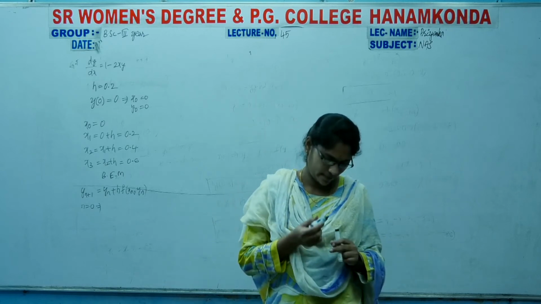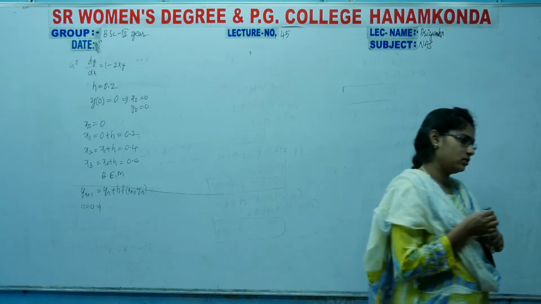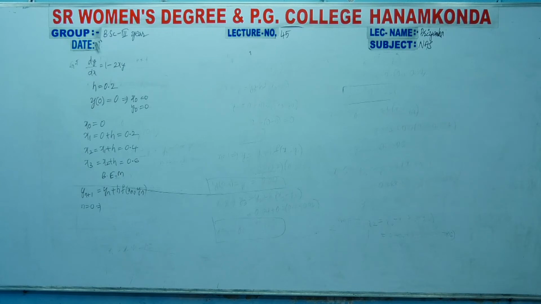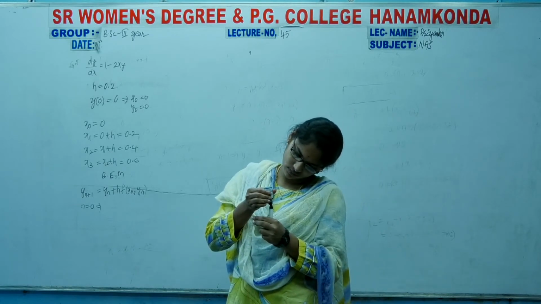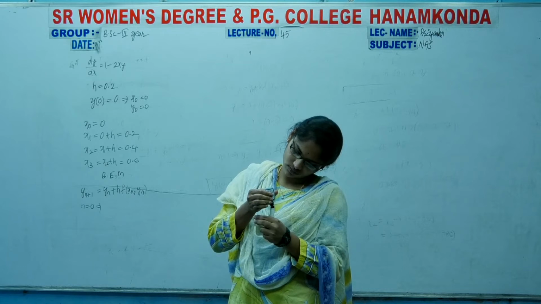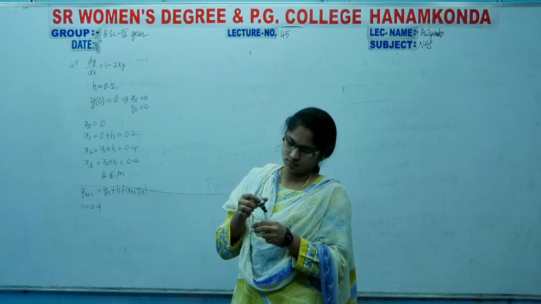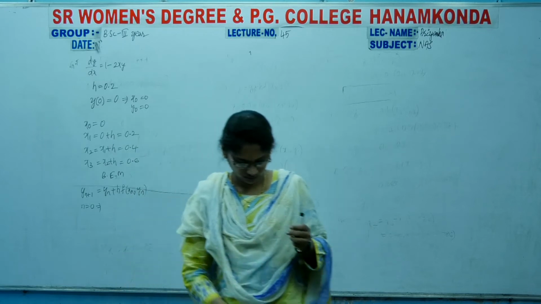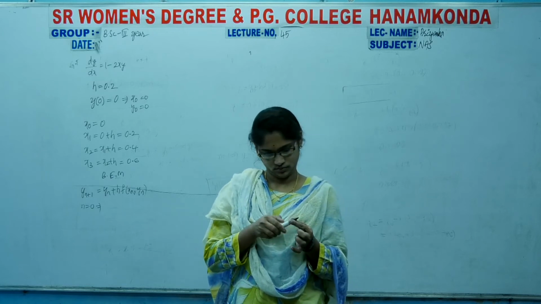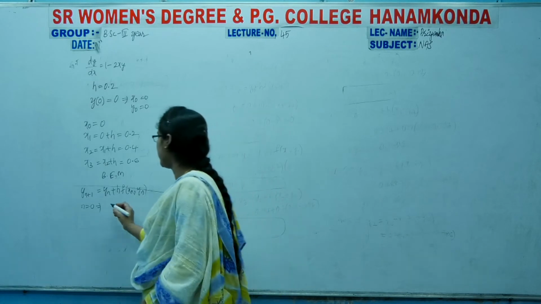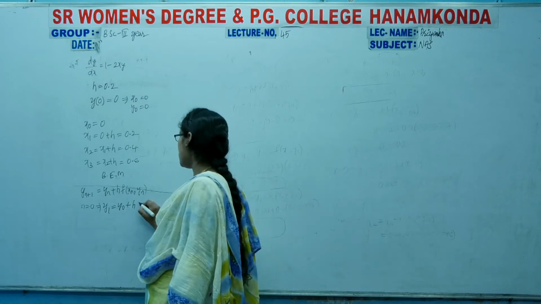So for n equal to 0, y1 equal to y0 plus h into f of x0, y0.